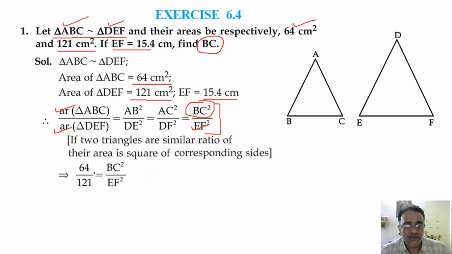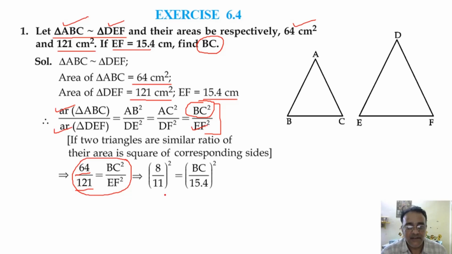Okay, so 64 upon 121 equals BC square upon EF square. Now what we will do, we will take square root both sides. तो 64 का स्क्वायर रूट क्या मिलेगा? 8. 121, 11. Okay, so 64 upon 121, we can write as 8 upon 11 whole square.